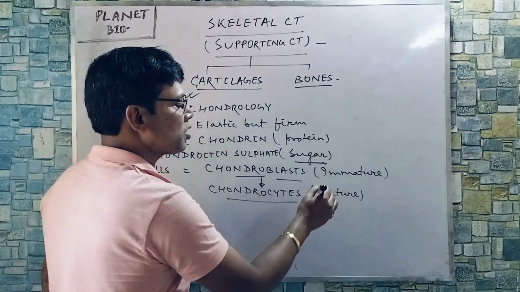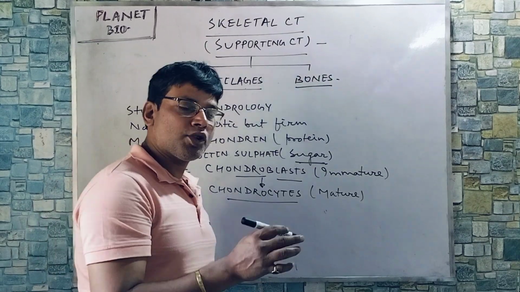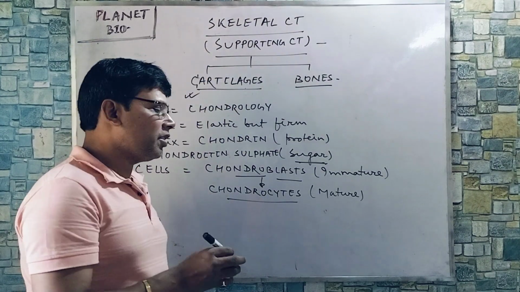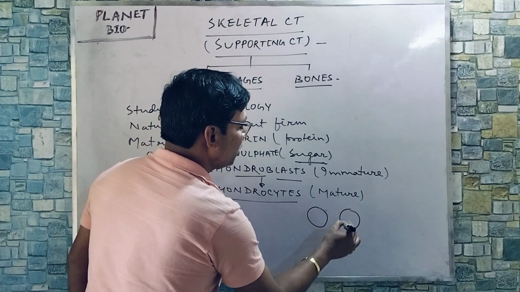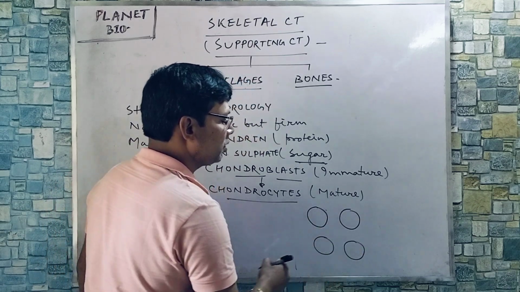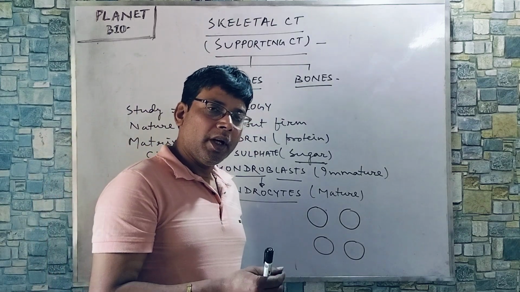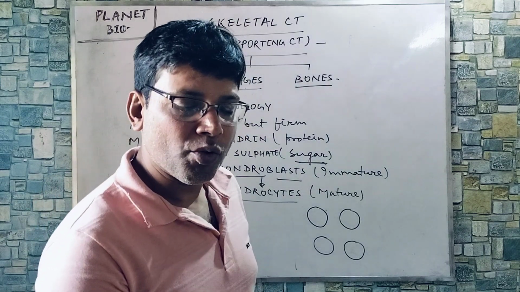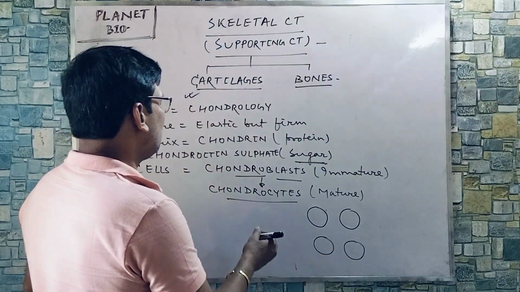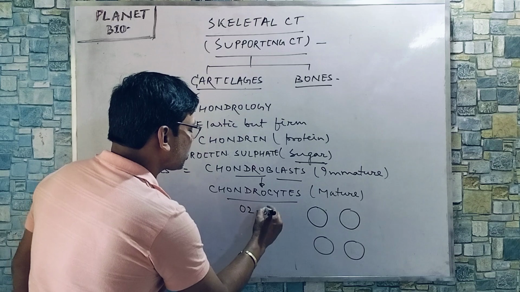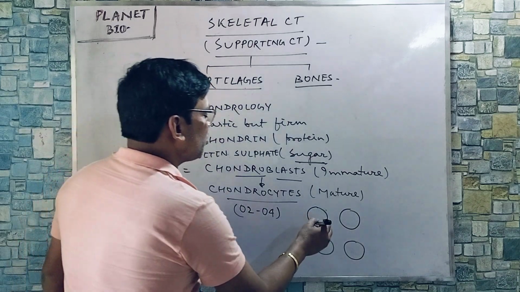Chondroblasts are immature and dividing, and chondrocytes are mature, which do not divide, rather they remain in lacuna. Lacuna means the room, and there chondrocytes can be found, they may be one, two, three, up to four. So 2 to 4 chondrocytes can be found within a chamber, and this chamber is called lacuna.